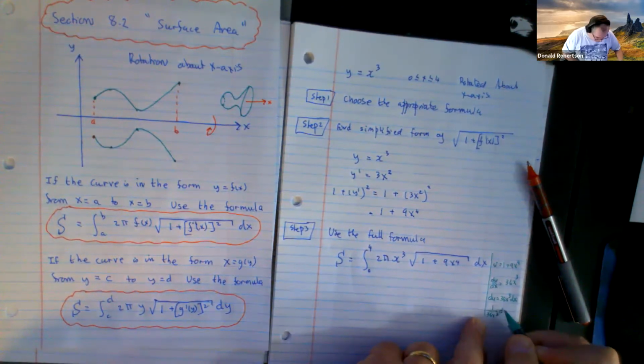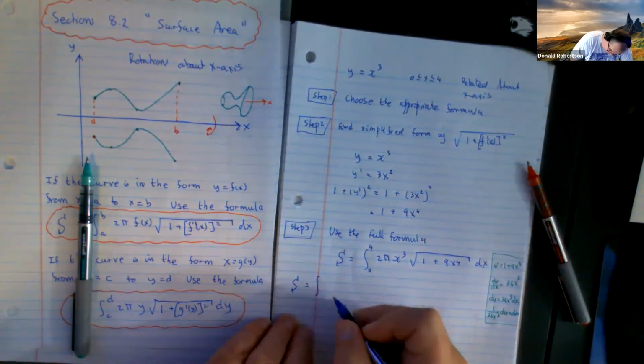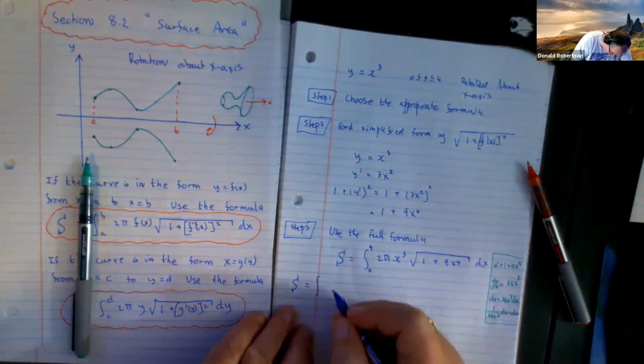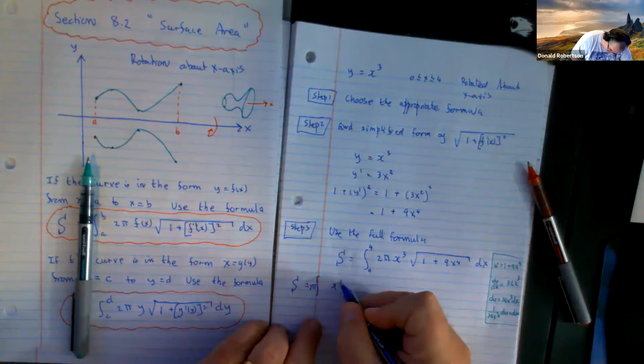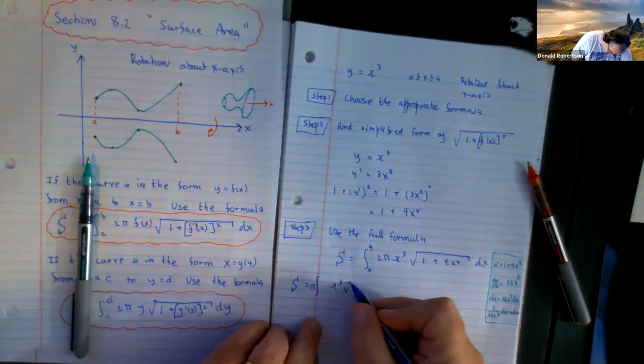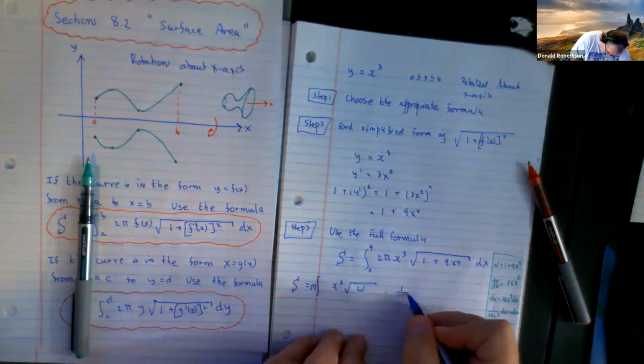And now we are hopefully closer to the end. So it's going to be the integral. Well, let's pull the 2 pi out. Got an x cubed. I got square root of u. And I have got a 1 over 36 x cubed.